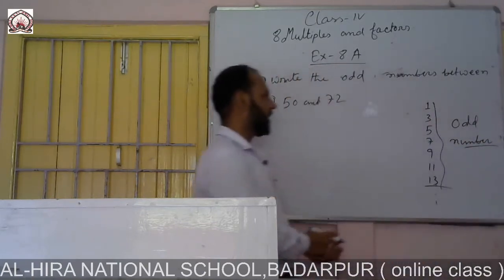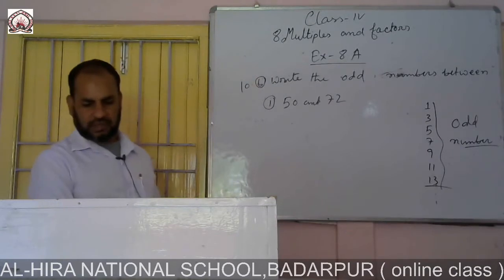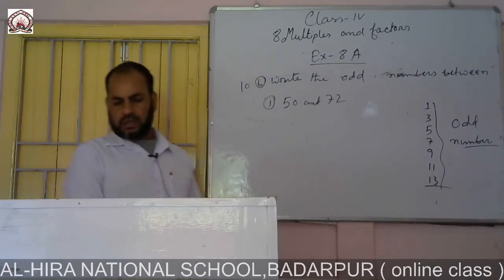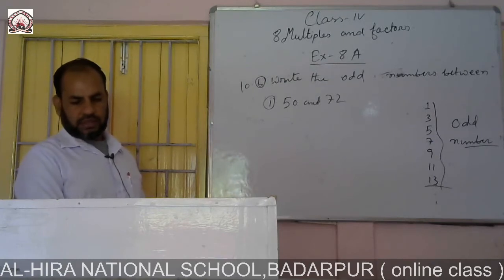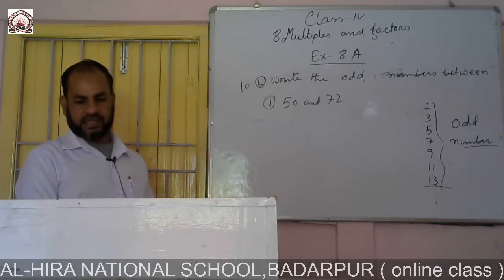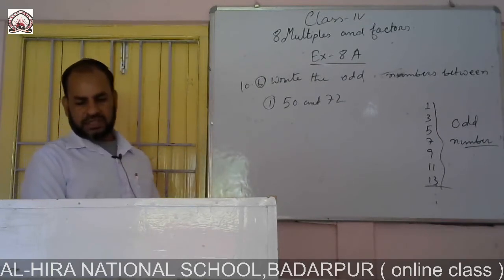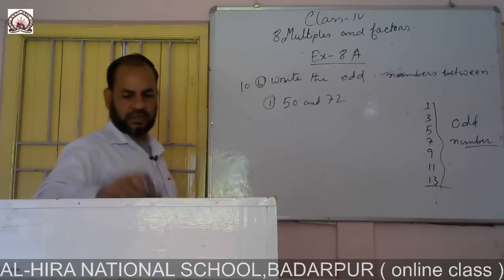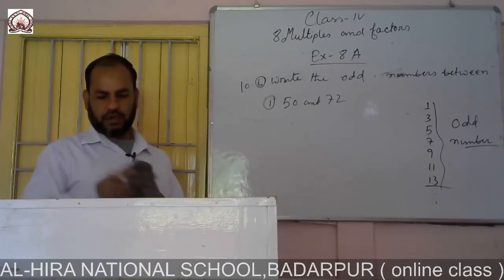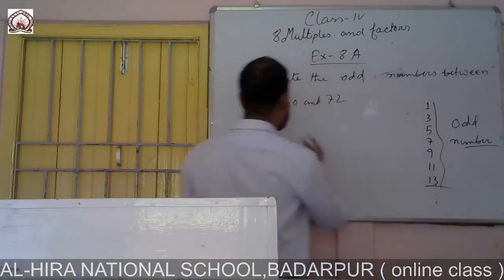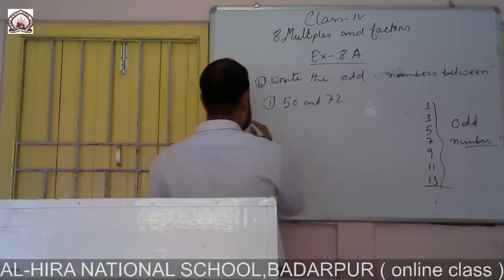Or we can say, if any number's unit digit is odd, then it is an odd number, or an odd number has an odd digit at one's place. So we write the answer.